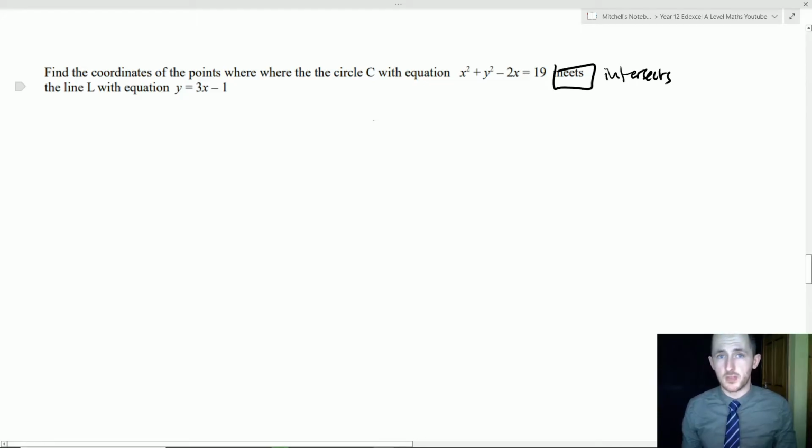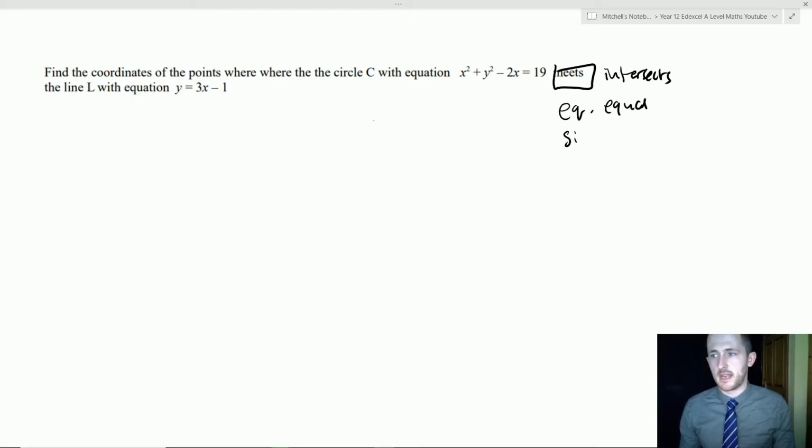They're equal to each other. So x and y are equal to the x and y in the other equation as well. All you need to know is that this is simultaneous equations. Both of those are true at the same time.